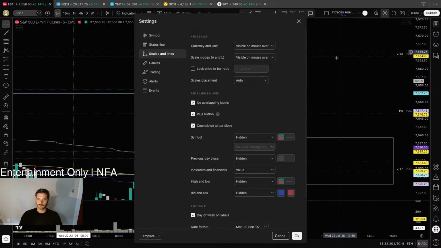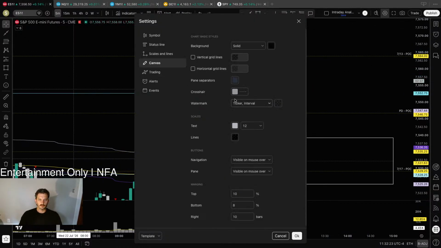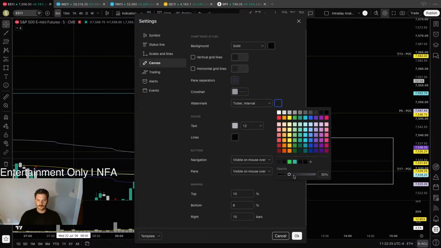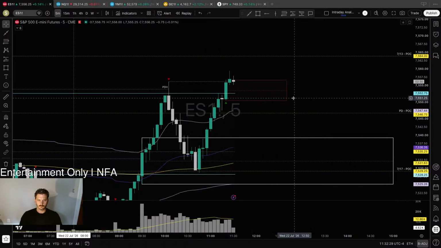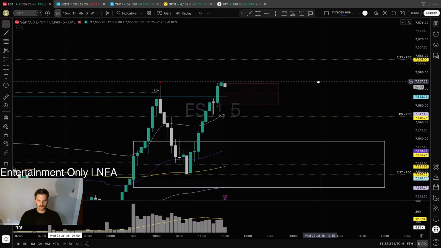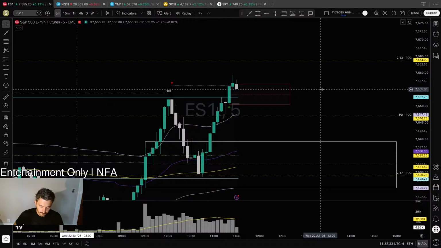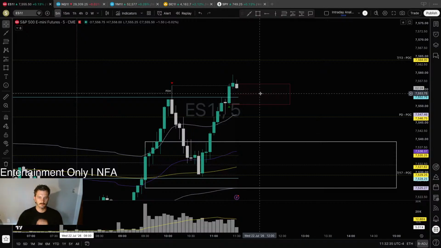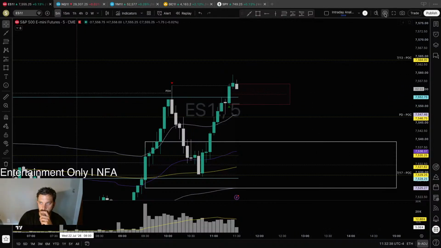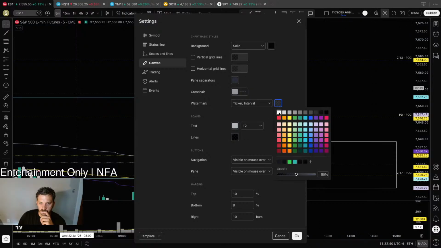Need to turn up the, maybe just change the color of it.